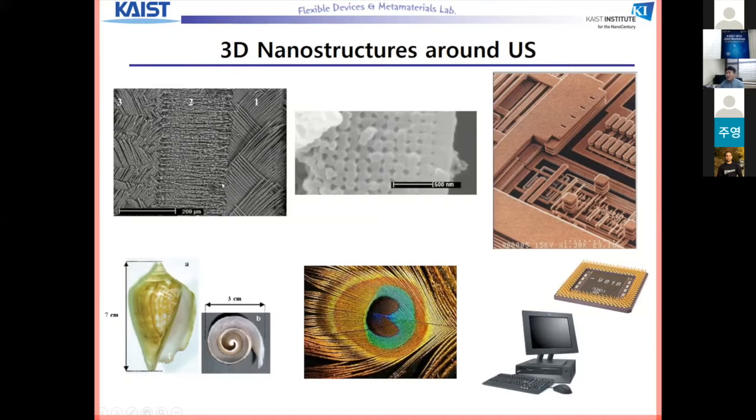All these beautiful techniques are possible because nanostructure is allowed. But unfortunately, the price of a microprocessor is very expensive, so everybody wants to make this. The others, even though we like seashells and the beautiful colors of peacocks, if somebody asks you the price of a microprocessor, nobody will buy it.